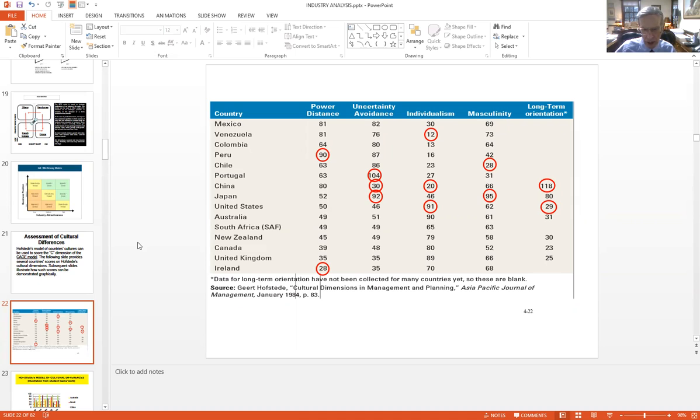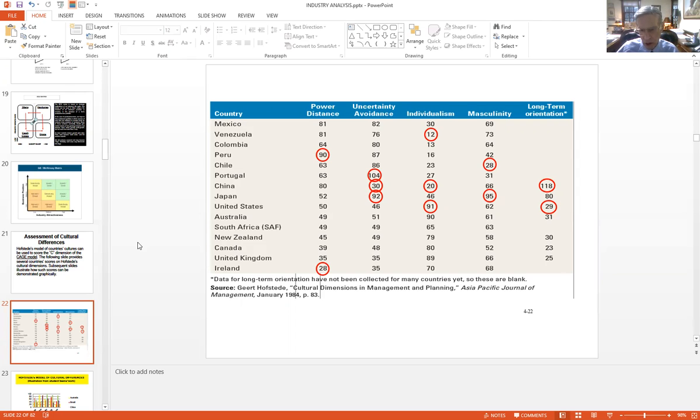Lots of stratification. That can really make a big difference in how folks work together and how management methods are devised. And you can see that in Peru, you better not get out of line. And in Ireland, maybe you and your boss can go have a beer.